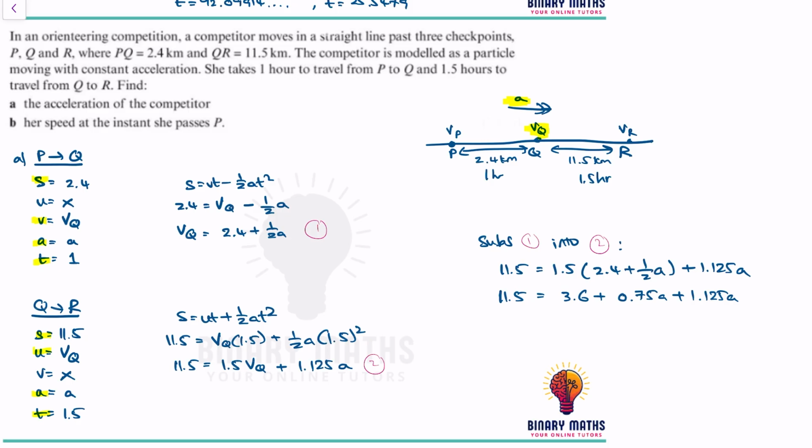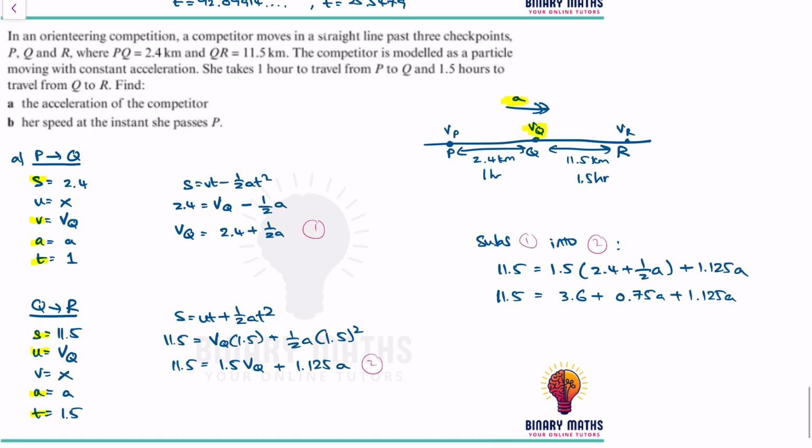Which means A will be, when you add it together, 11.5 take away 3.6 is 7.9, and 0.75A plus 1.125A is equal to 1.875A.